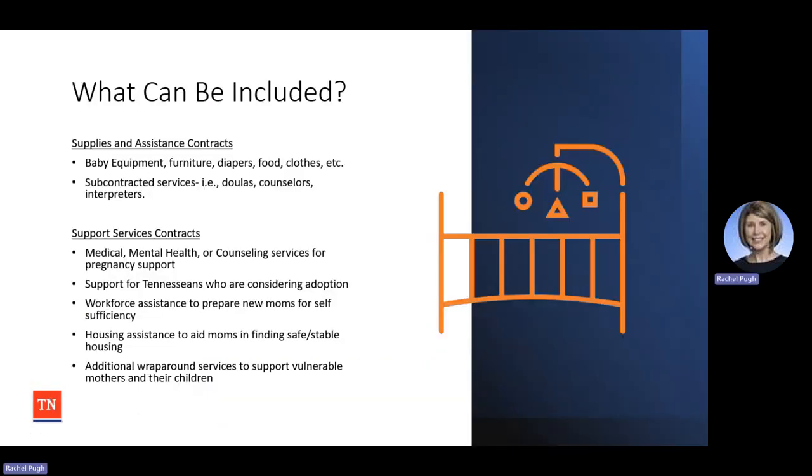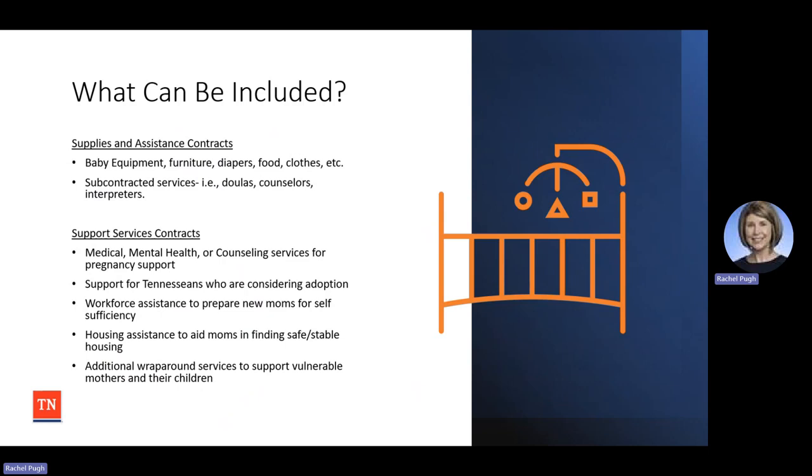What can be included in the budget? For supplies and assistance contracts, those are the contracts that are for $100,000. The focus for those is really to provide material assistance and goods assistance directly to the clients that you're serving. So what can be included in those budgets is going to look like baby equipment, furniture, diapers, food, clothes, items such as those. But you could also include subcontracted services.